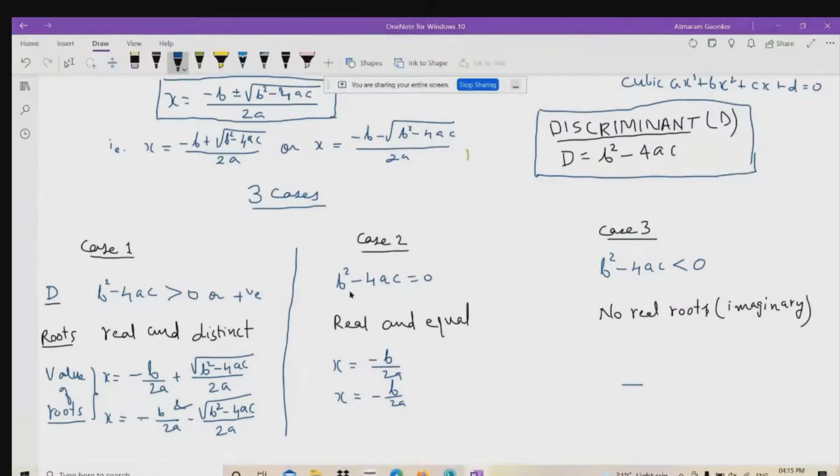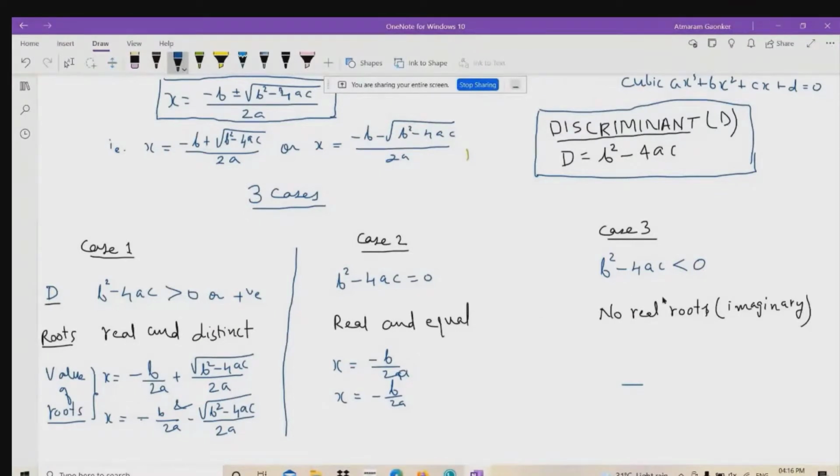Case 2 is, if the discriminant b square minus 4ac turns out to be 0, then the two roots are real and equal. We get the two roots as equal because the square root term becomes 0, and the only term that remains is minus b upon 2a. So both the roots are minus b upon 2a, and both are equal.